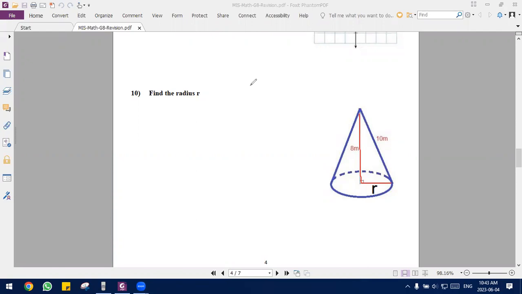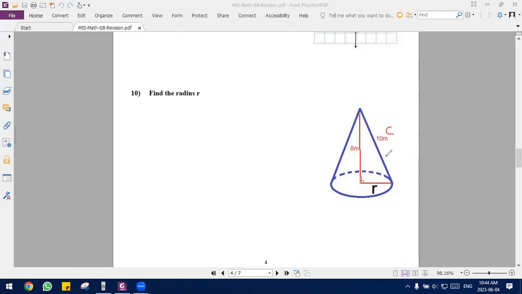Now, first of all, we know that we have two types for Pythagoras theorem, okay? I need to check, am I finding the hypotenuse, the largest side, or not? Now, the hypotenuse is always the side that is not related to the right angle. So the right angle here is 8 and r. So where's the hypotenuse? It's here. We call it C always, the hypotenuse. It's that side, 10.